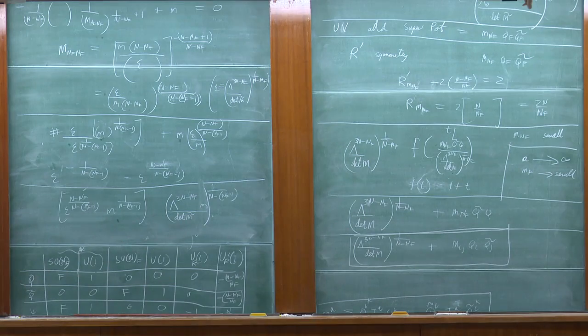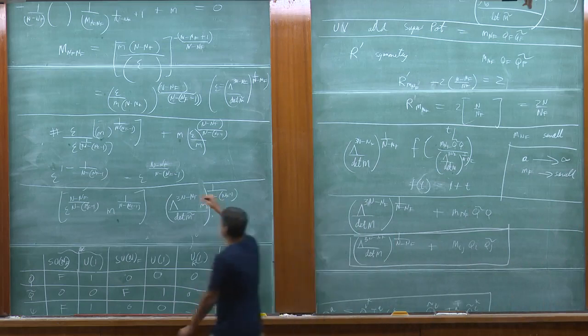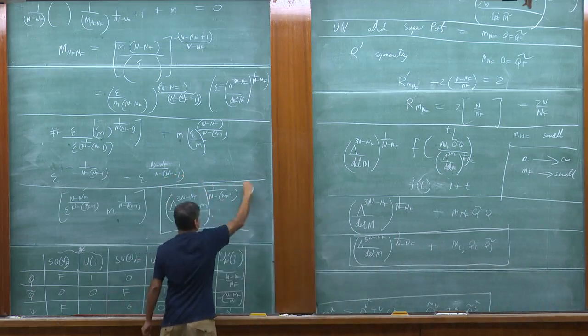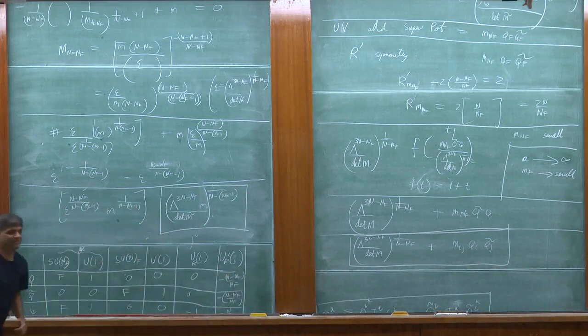Right, because there was that same m to the power 1 minus. Is this okay? Okay, excellent. So this is what we get as our final superpotential for the theory after integrating out the heavy quark.